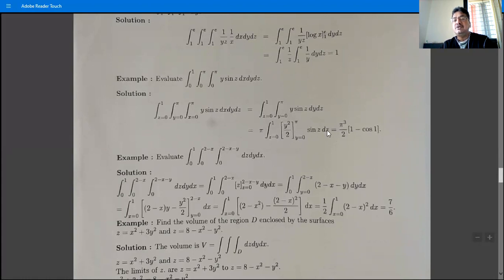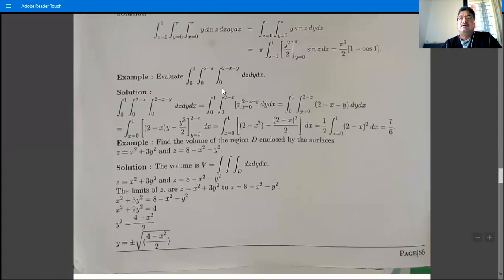And then integration of sine z with respect to z is minus cos z from 0 to 1, and then value at 1 is 1 minus cos 1, and value at 0 of cos z is 1, so we have this answer.